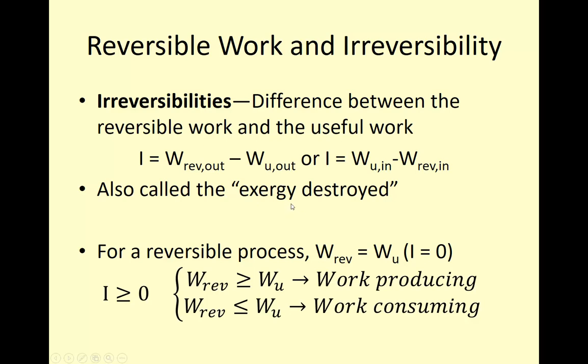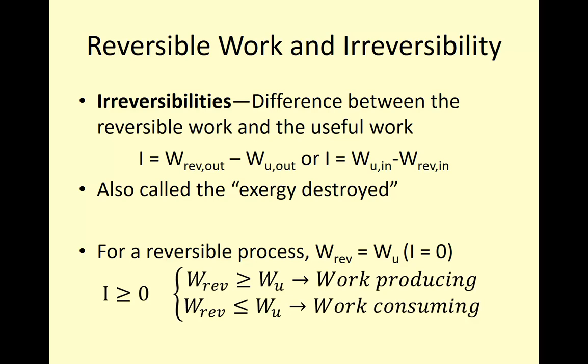So in Chapter 7, when we talked about the entropy generated, it's analogous to this term exergy destroyed, because when we're destroying exergy, we're destroying the ability or the potential for the system to do even more work. So it's another way of looking at irreversibilities as taking away from our system the potential to use that energy in another way.